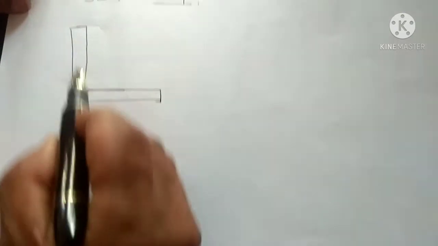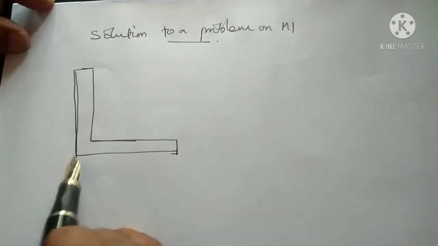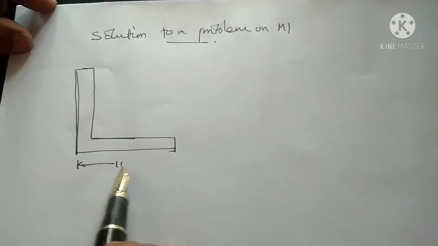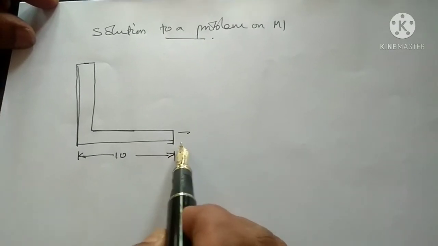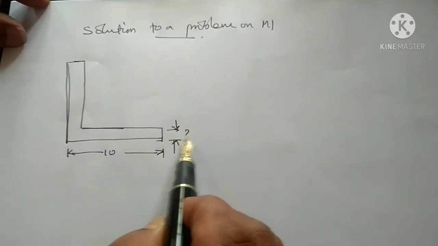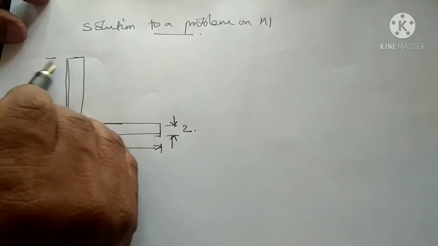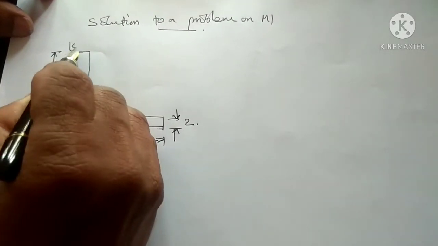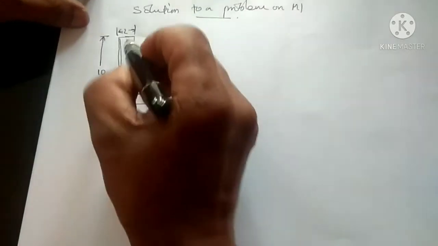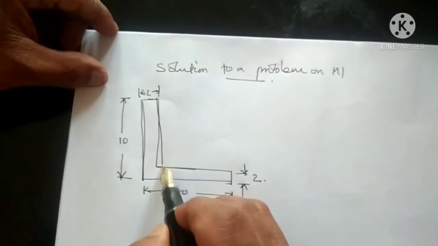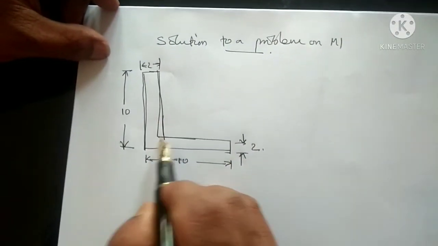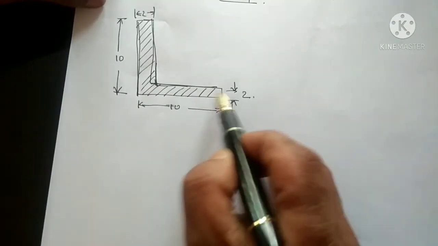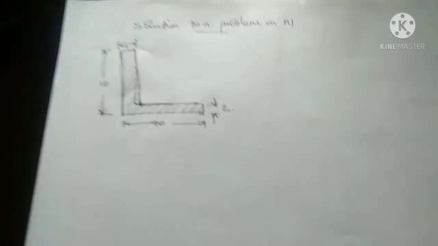This picture shows a composite area and the dimensions are, this is 10 and this is 2 and here it is 10 and here it is 2. Okay, we need to find out the moment of inertia of this composite area.